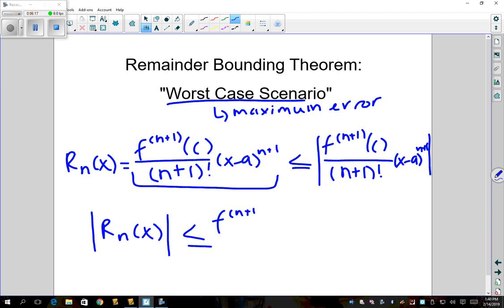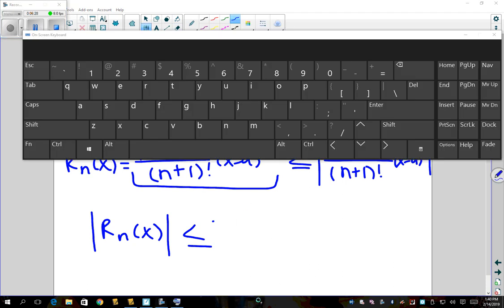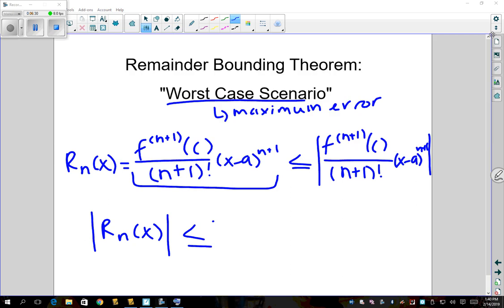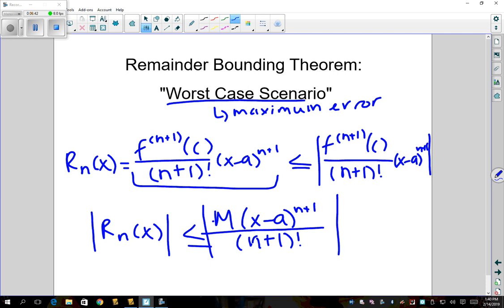We say it's just equal to M times x minus a to the n plus 1 all over n plus 1 factorial, this absolute value.